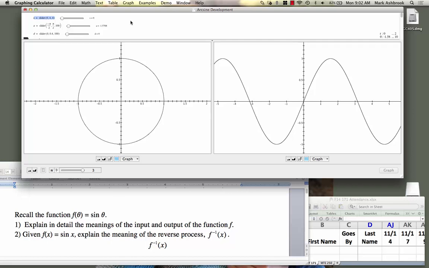Go to mode, and the third one down. Make sure it's on radians. Then go back to the main screen and put in sine of 2.